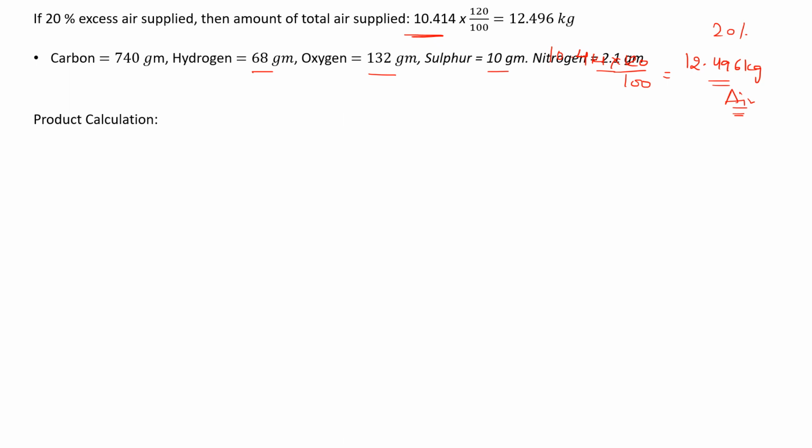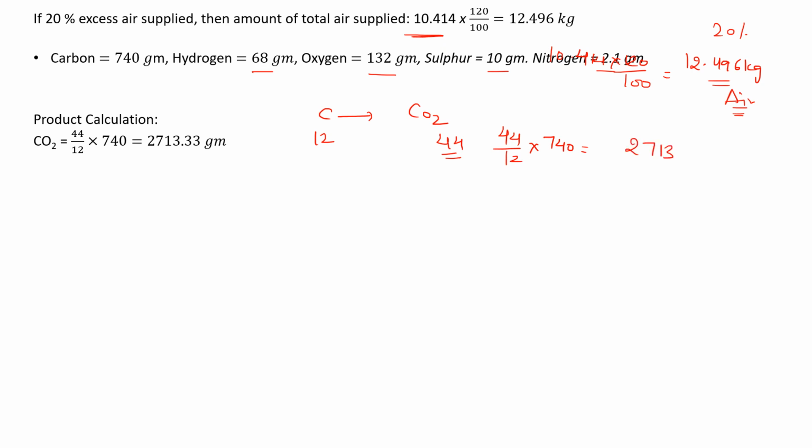In the same way we write the oxidation reaction for carbon: carbon converts into carbon dioxide, 12 part of carbon producing 44 part of carbon dioxide. So the calculation for CO2 is 44 divided by 12 into 740, which gives 2713.33 gram of CO2 generated.